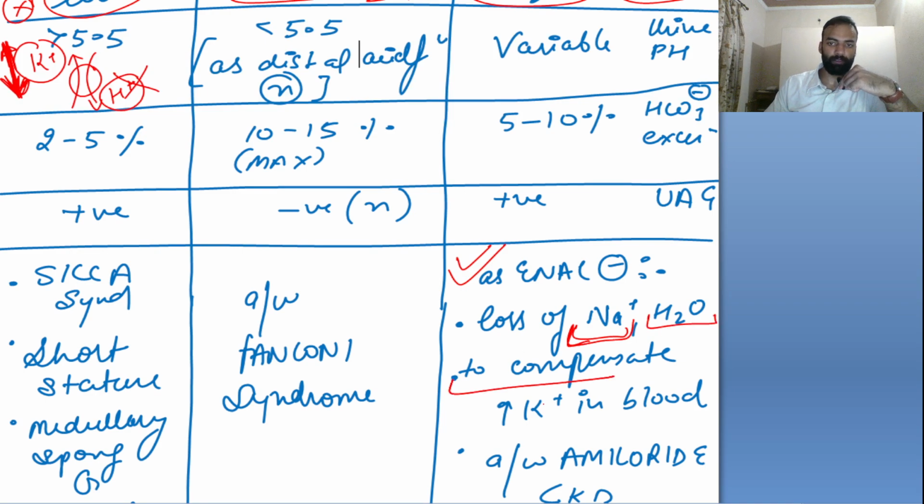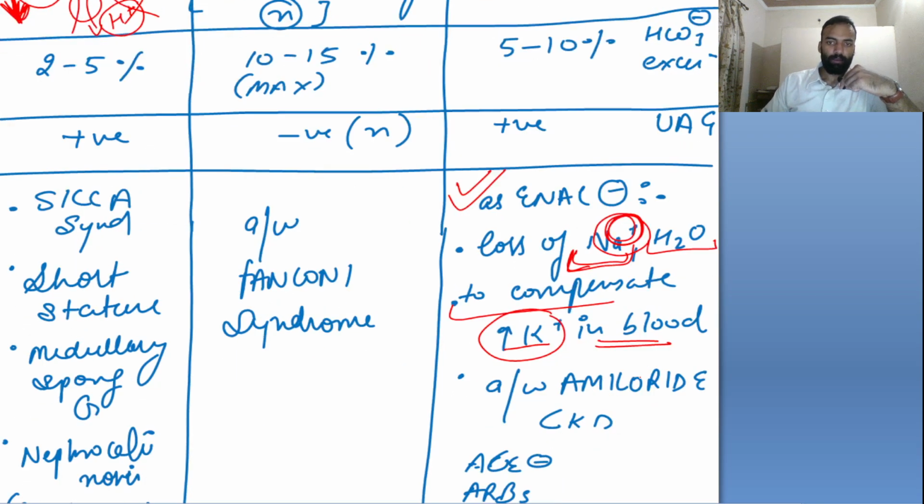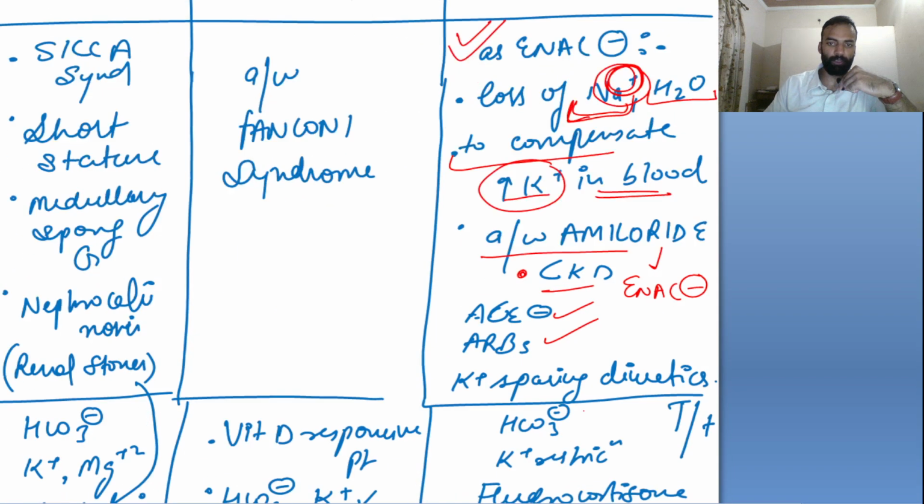To compensate for this, there is an increase in potassium in the blood, and it is associated with amiloride, which is an ENaC inhibitor. It is also associated with CKD, ACE inhibitors, ARBs, and potassium sparing diuretics. They all block ENaC channels.